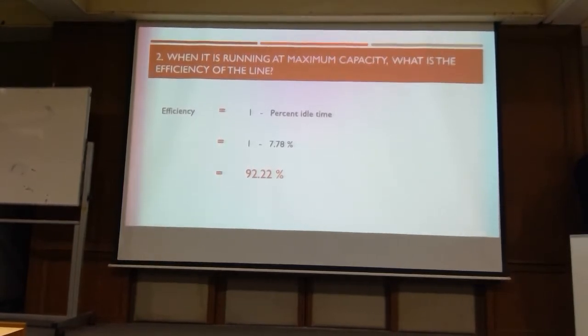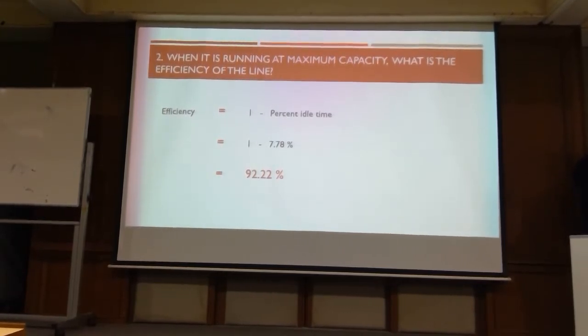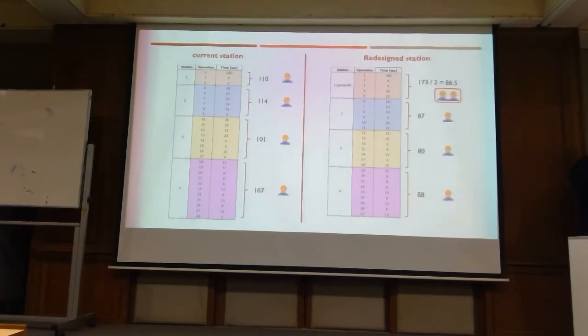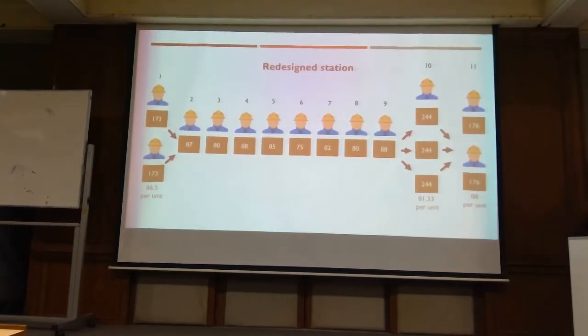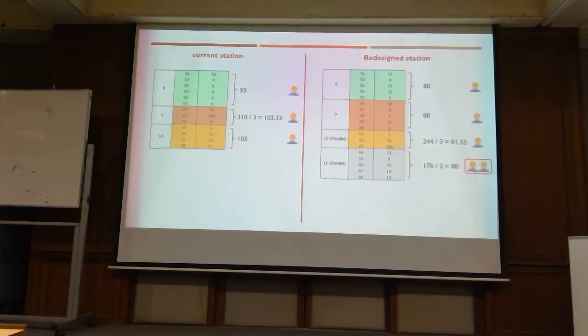Okay, that's it, so the rest is okay. Actually, if you use the concept that the operator is not required for the software loading, when you do the third question, the one where you try to increase the efficiency, you have 90 seconds, and when you redesign the station, for the first station you're going to have 2 parallel lines, right?